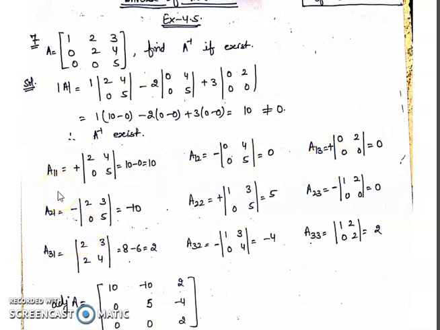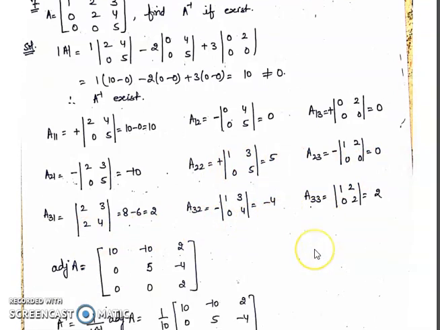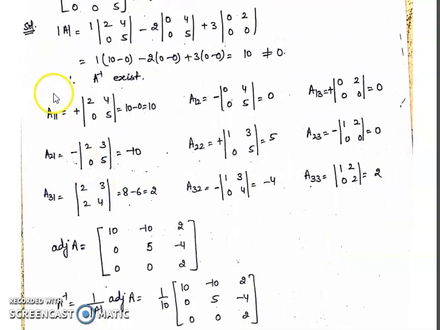It is better if you write it in this way, so that you can easily transpose it: the first row cofactors in the first line, the second row cofactors in the second line, the third row cofactors in the third line. Now transpose it.